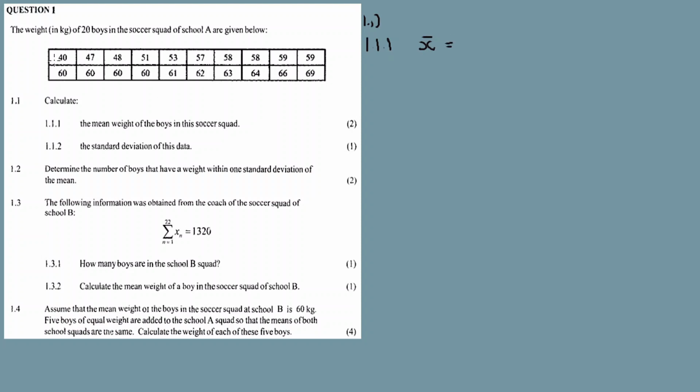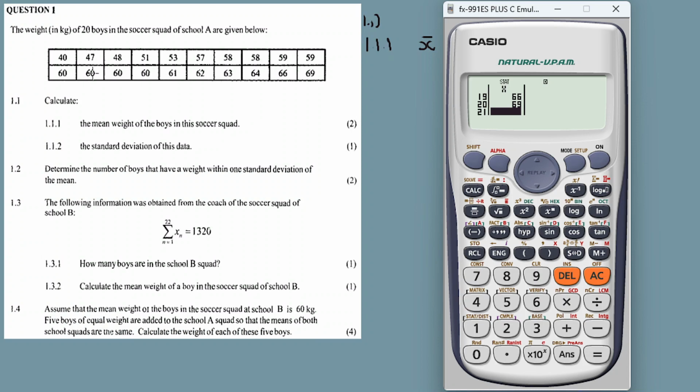How do we calculate it? It means add all these values, and I can see there are 20 boys. So I just add all the values and divide by the total number of boys in school A. But you can do this by inserting all these values into a calculator.